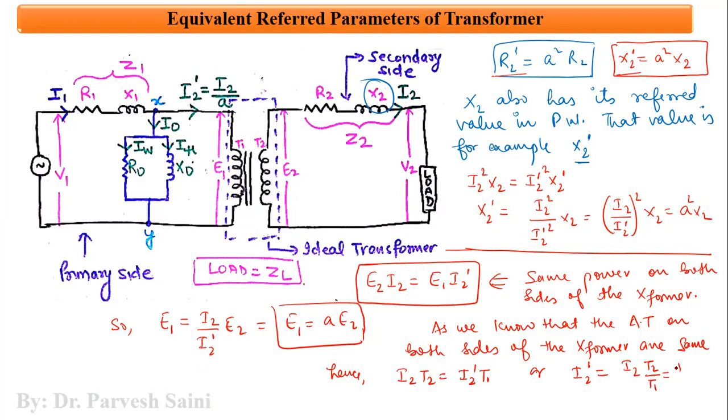So I2 by A, because T2 by T1 is 1 by A, right?